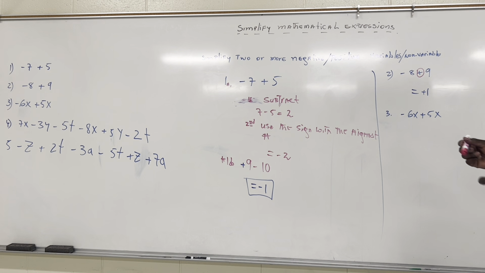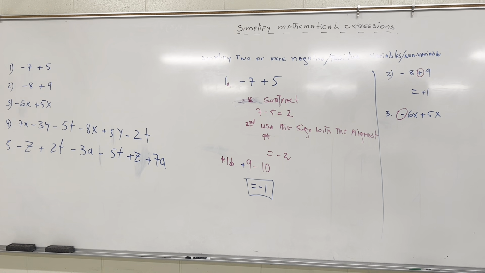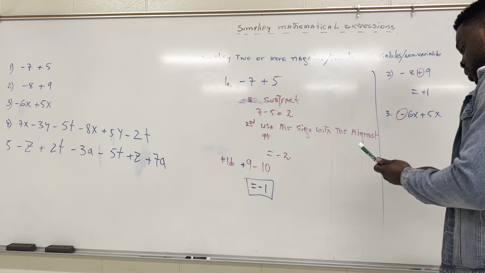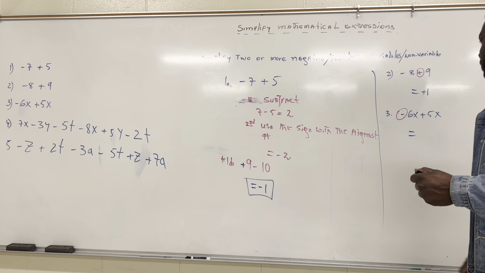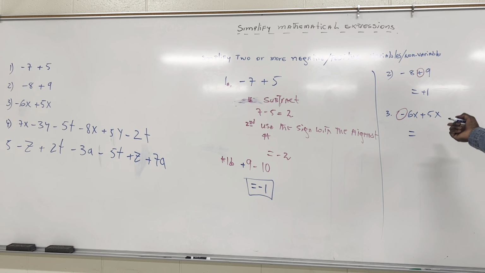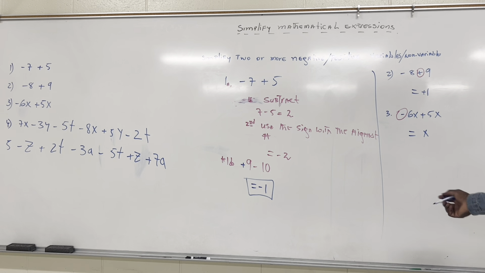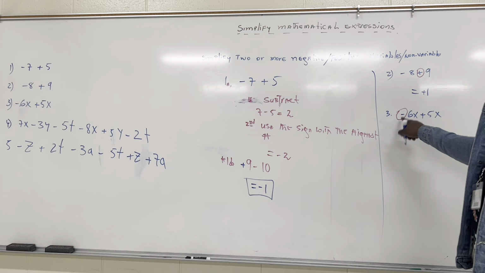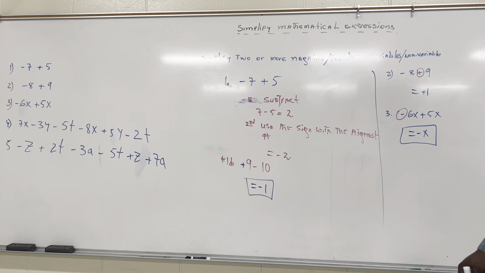The leading sign over here is negative because 6 is bigger than 5, so you already know that the final answer will have a negative sign. So you subtract 6 minus 5 will give us 1x. We don't have to put the 1x. If you want, you can put 1. And then the leading sign is negative.